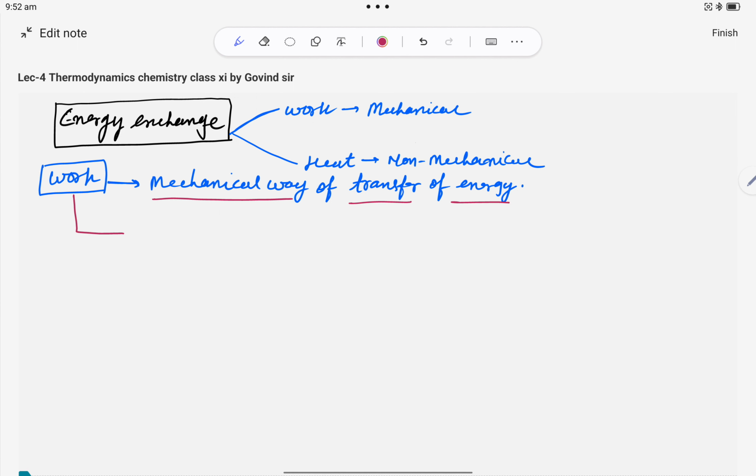What formula do you know for work? W is equal to F into d, displacement. What is the formula for electrical work?